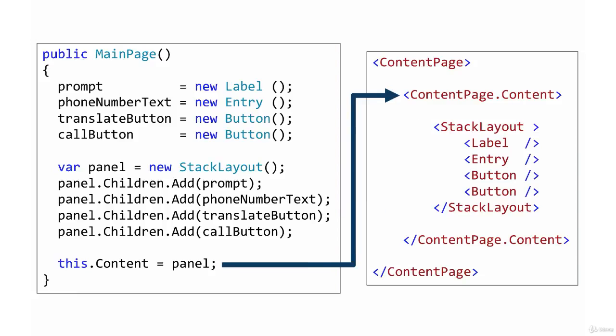And similarly, instead of assigning to the content property of the page, we just nest the stack layout inside the content property of the page. Many people think that the XAML approach is more readable. For example, in the XAML, you nest the controls inside the layout panel. And just at a glance, it's obvious that those are the children of the stack layout. And it's much more obvious than it is in code.